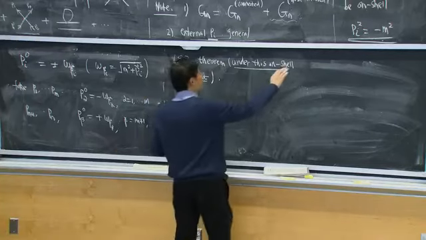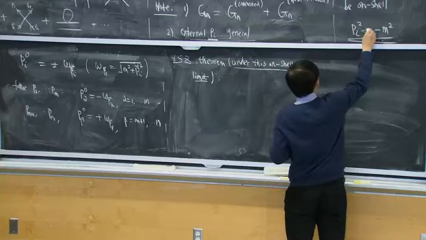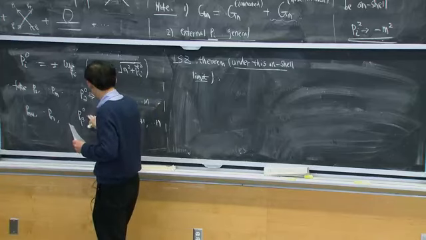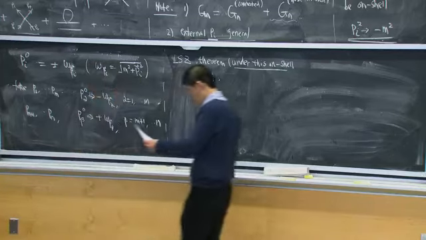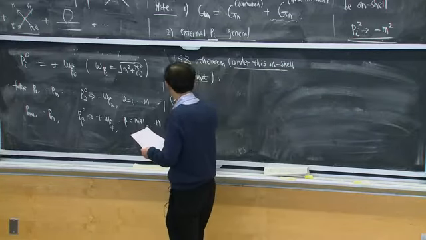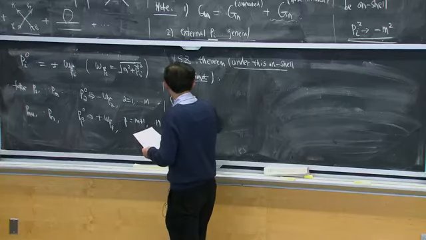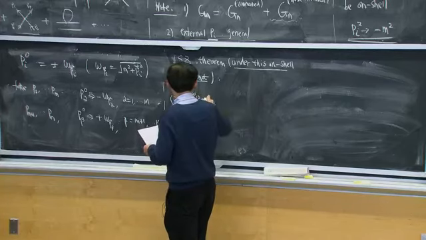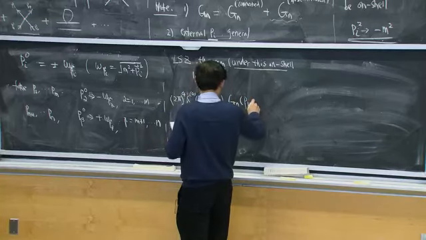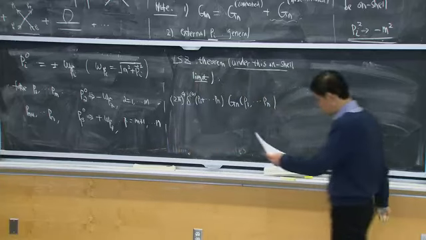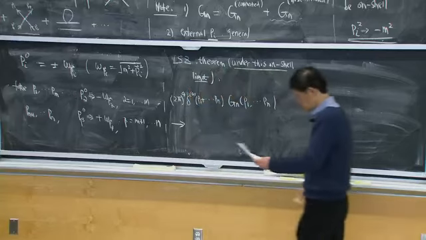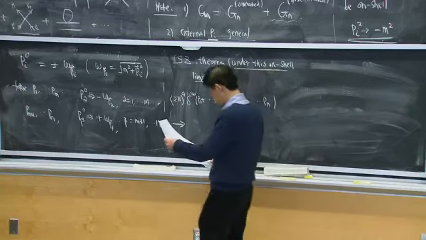Imagine you don't actually set the momenta to be exactly on shell. You take the momenta to approach that limit, as we just emphasized. So in this limit, you find your momentum space correlation function approaches the following quantity.